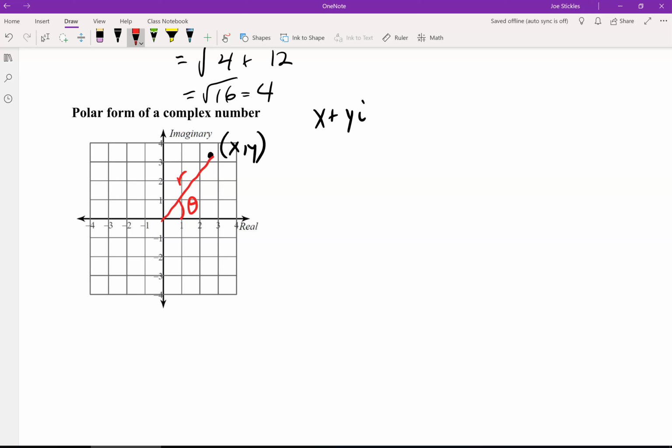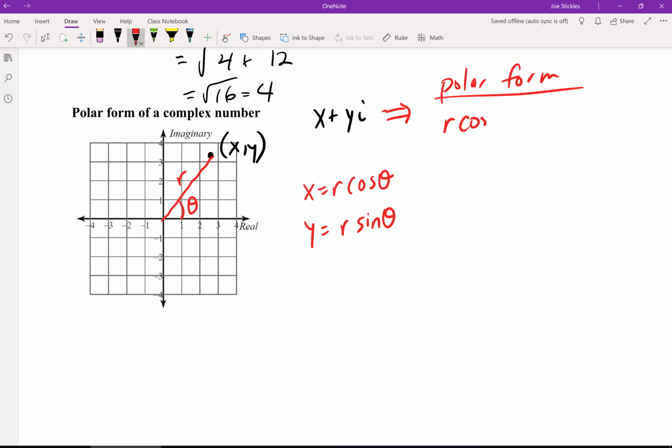We know that our x is r cosine theta, and our y is r sine theta. So when we do the polar form of the complex number, the polar form will be r cosine theta plus, I'll write it this way, r sine theta times I.